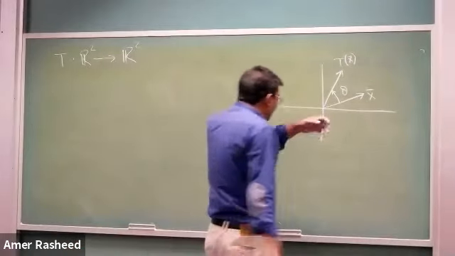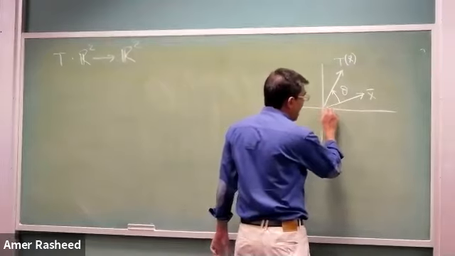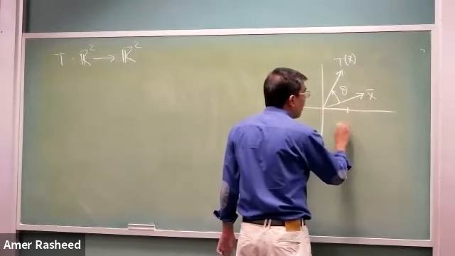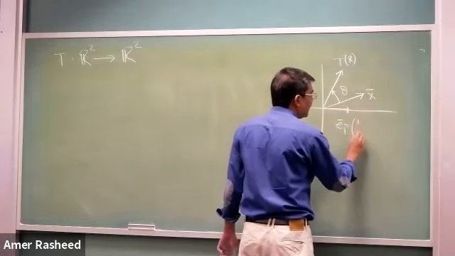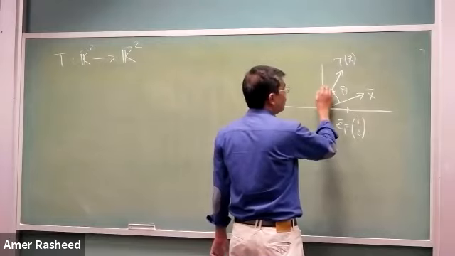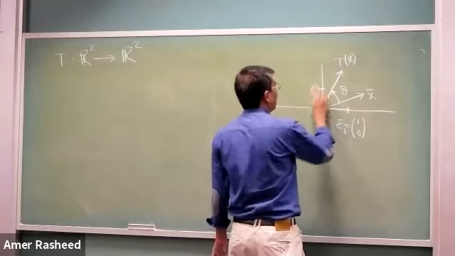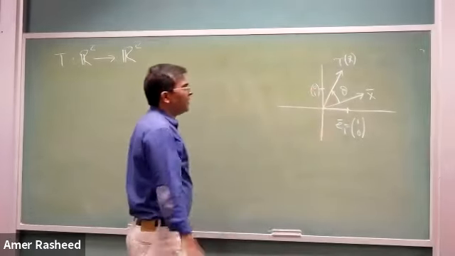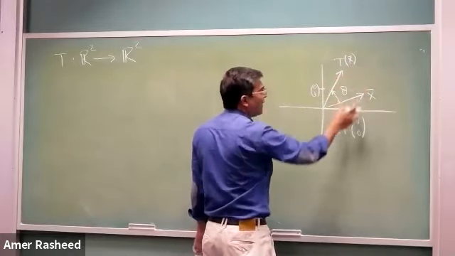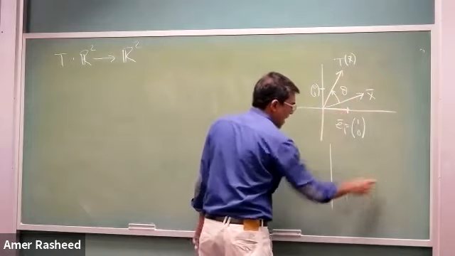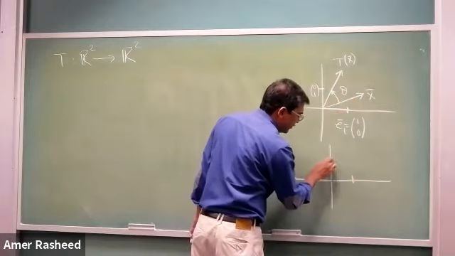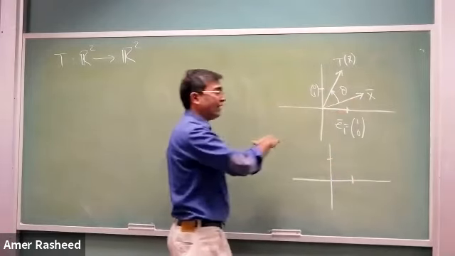Now, you know that here you have a unit vector, E1, it is 1, 0, and here, what do you have? E2, 0, 1. You don't have to look at these vectors. You have to look at the unit vectors, how they would rotate if we rotate that vector about an angle.